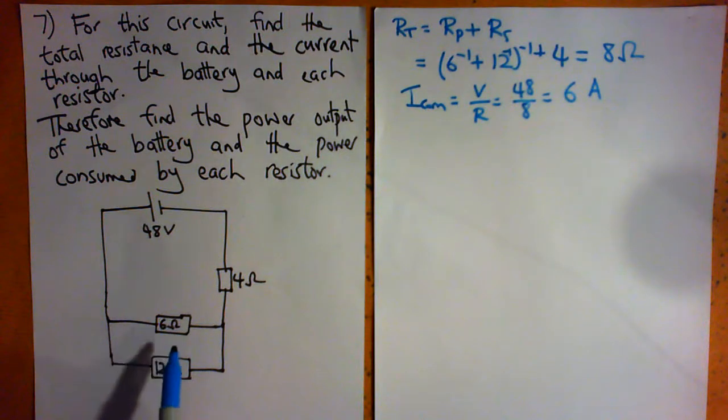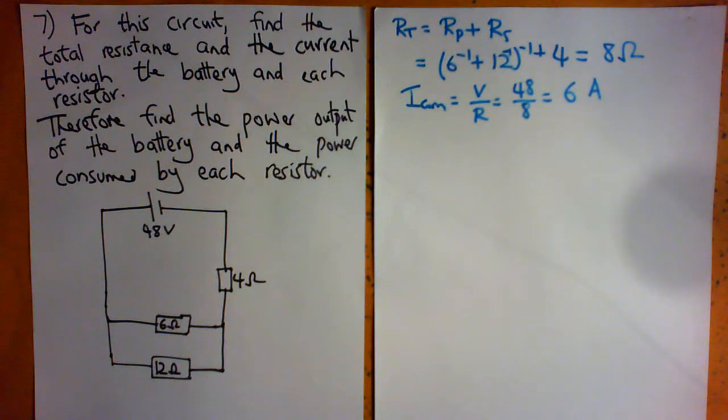Now the voltage across these two parallel resistors is not going to be 48 volts, because they're only going to see what's left over after the 4 ohm resistor has taken its share of the voltage.